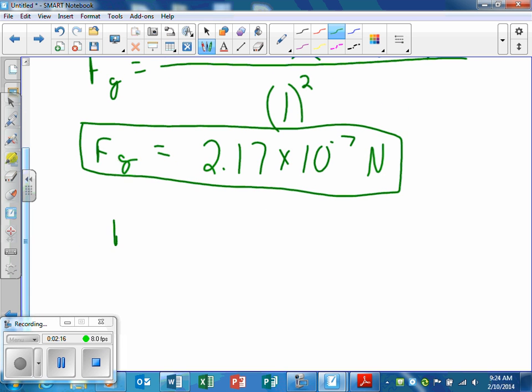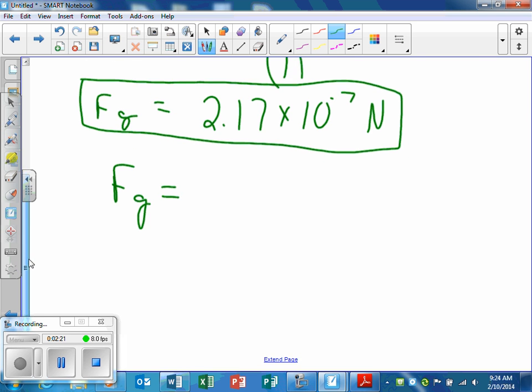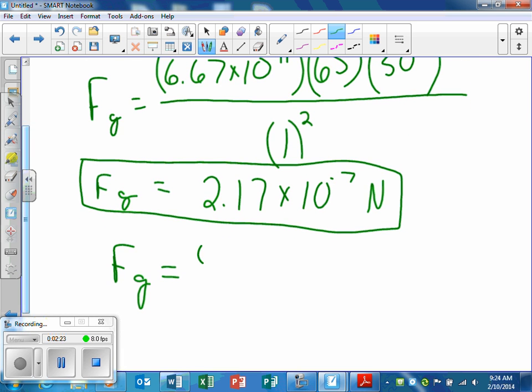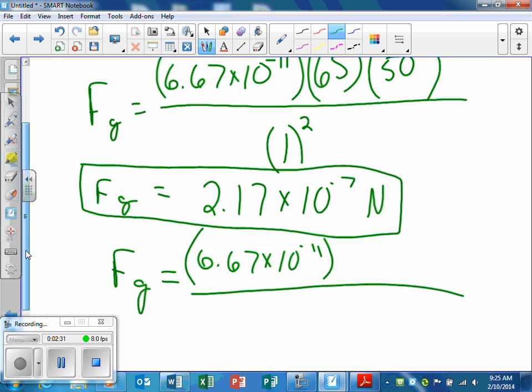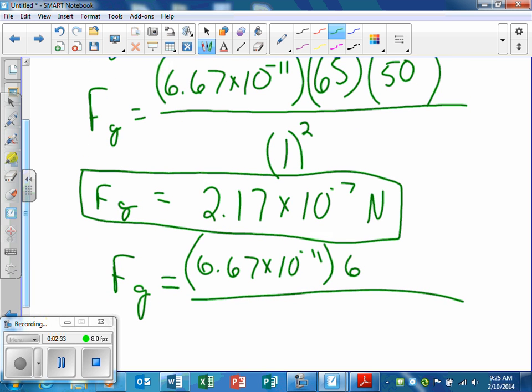Okay. So let's see what the force of gravity is between Brent and Harrison. Okay, so we got 65. Harrison, what's your mass?